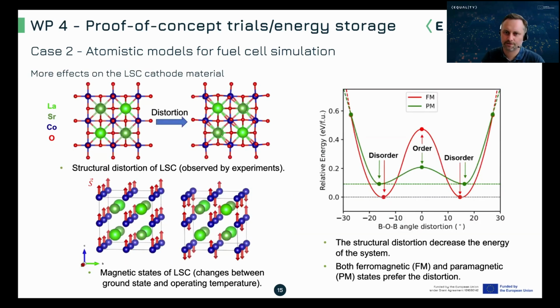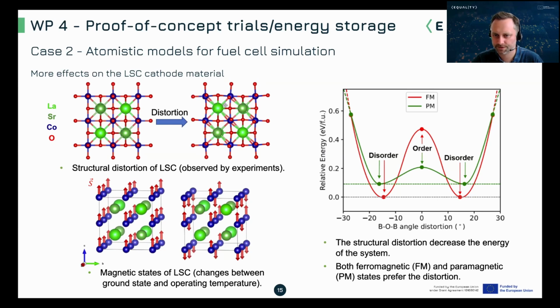So now coming to one further thing about atomistic models of fuel cells: some delicate effects of distortion and also magnetism in the LSC cathode material. Traditionally, this LSC is such a bulk material, but it is known that in this bulk there are distortions possible.